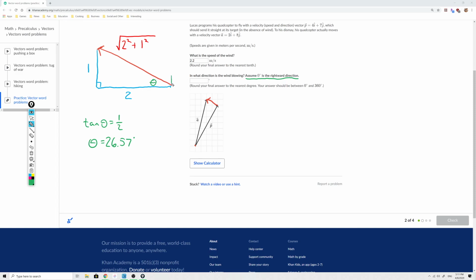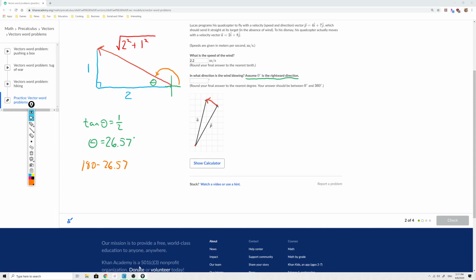So if you're considering this is the origin, if you want to talk about the direction of that vector, what it's wanting you to do is measure the angle just like you would on the unit circle. So because we have 26.57 degrees as this angle theta, we can find this angle. It's no big deal, but if you don't do that, you're definitely gonna have a bad time on this problem. So half a circle is 180. So if we take 180 and subtract 26.57, we should get the right answer.